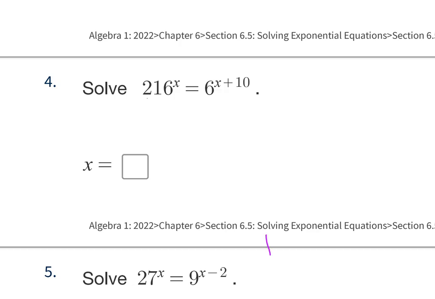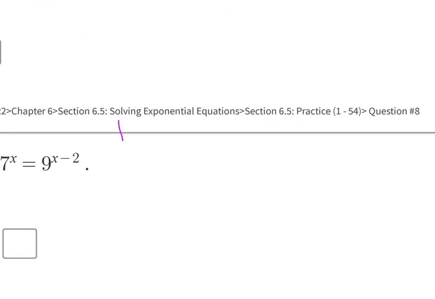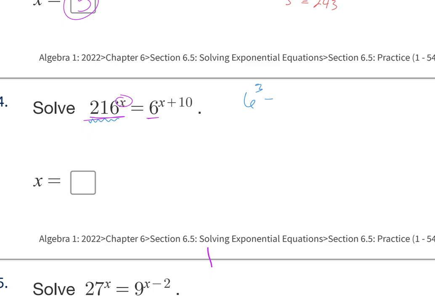Number 4, 216 to the x power equals 6 to the x plus 10 power. 6 is our base. Well, okay, we can't do this right now, because what if the bases aren't the same? Well, we can try and change the bases. 6 to the 3rd power is 216. If you don't believe me, do 36 times 6 real quick.